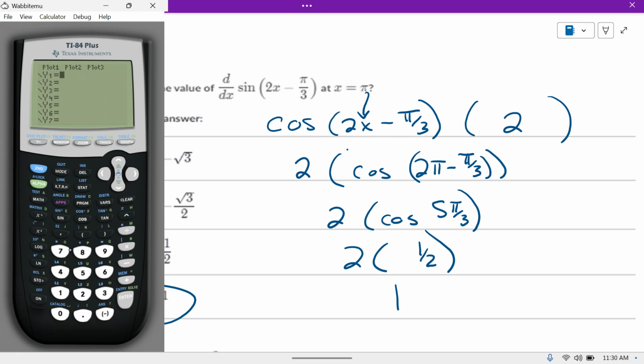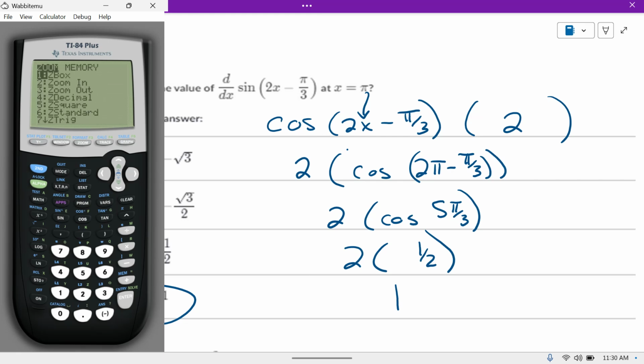So, if I took the sine of 2x minus pi over 3, and then I graph that, I need to go zoom trig here.